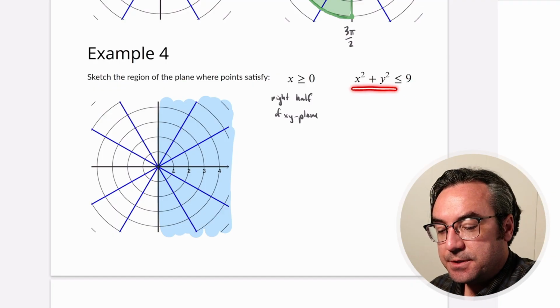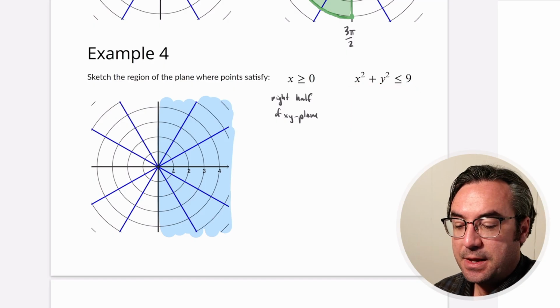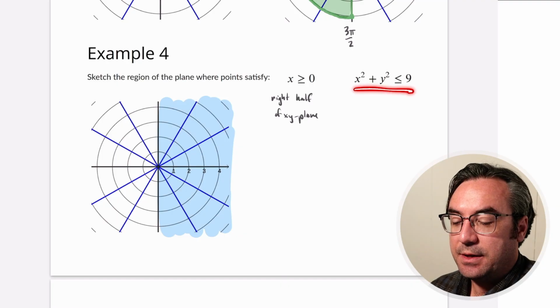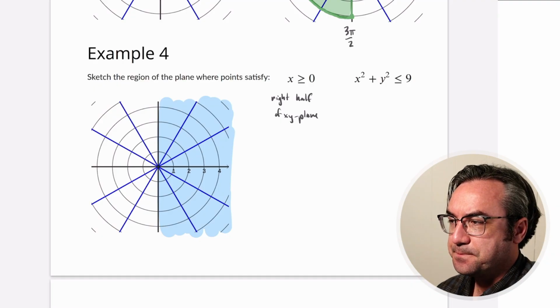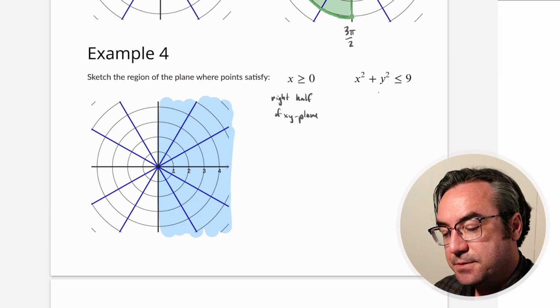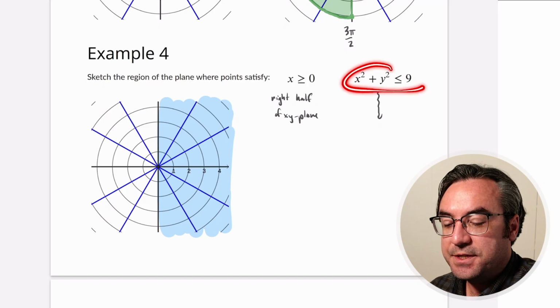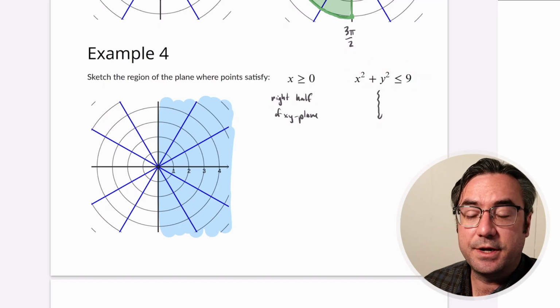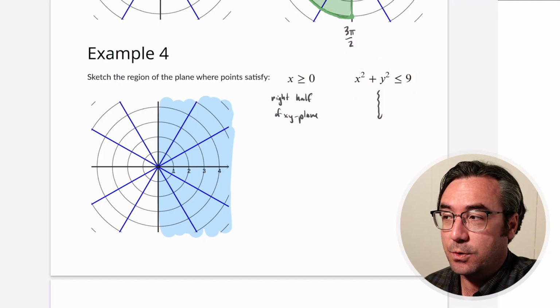Now, what about x squared plus y squared less than or equal to 9? What does this inequality look like? This is the one that's a little bit more difficult. So let's start by converting this inequality into polar coordinates. This will be easier to visualize.